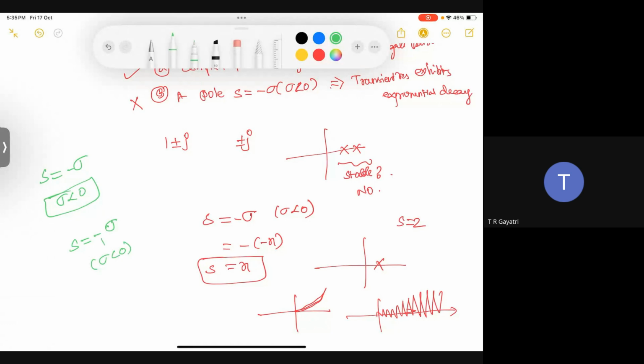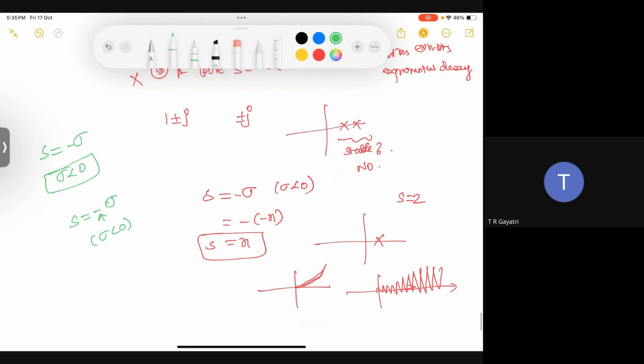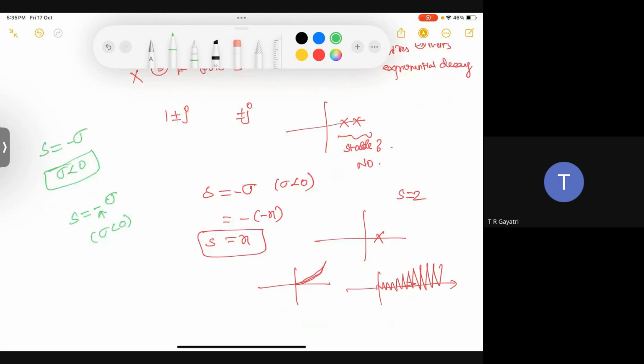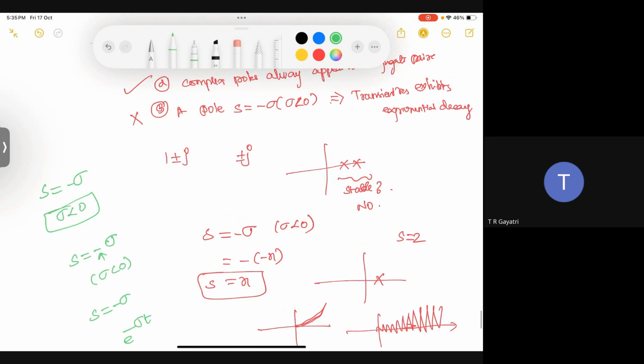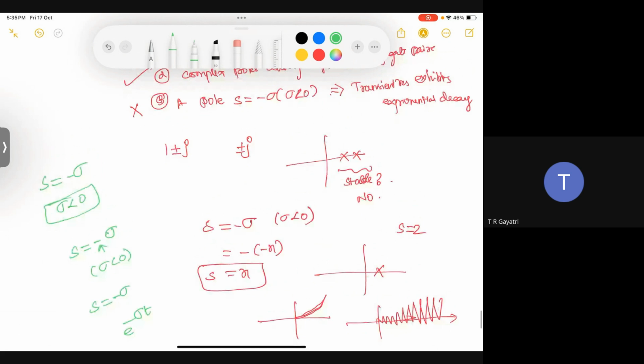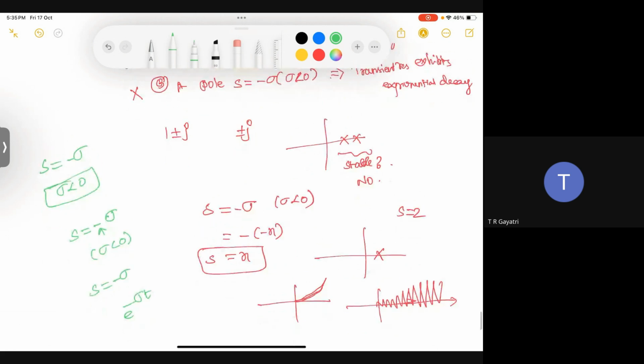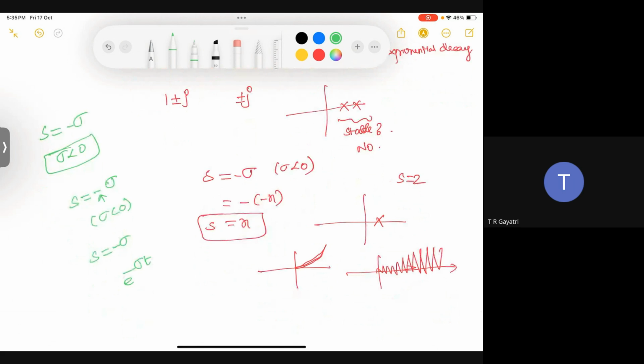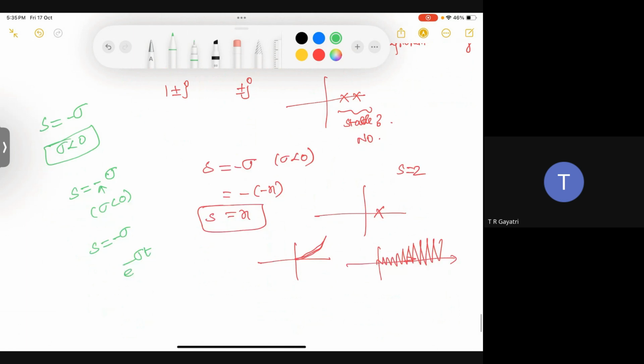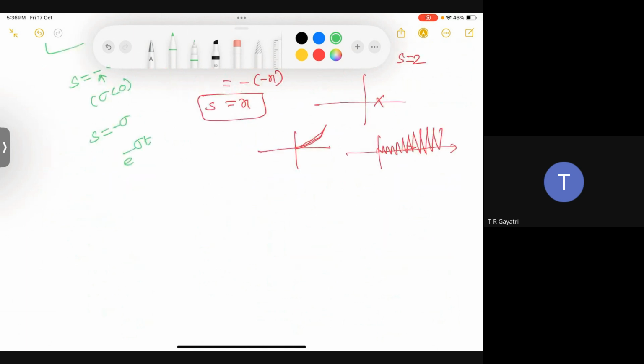According to this key, the system becomes S equal to minus sigma only, with e power minus sigma t decay. So the sentence formation here is a little ambiguous. I'm noticing this only now, and we will avoid this kind of thing in exams.